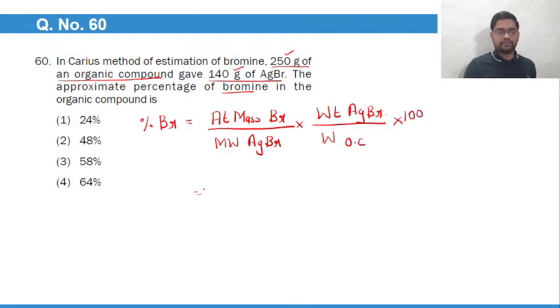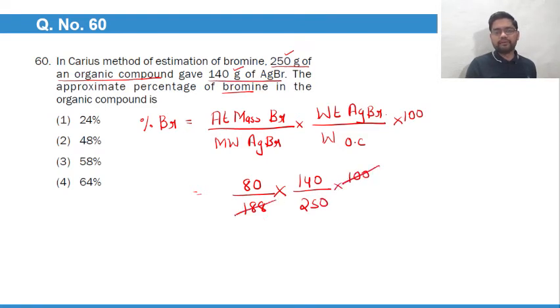Atomic weight of bromine is around 80. Molecular weight of AgBr is around 188 because silver is 108. Weight of AgBr is 140. Weight of organic compound is 250, into 100.